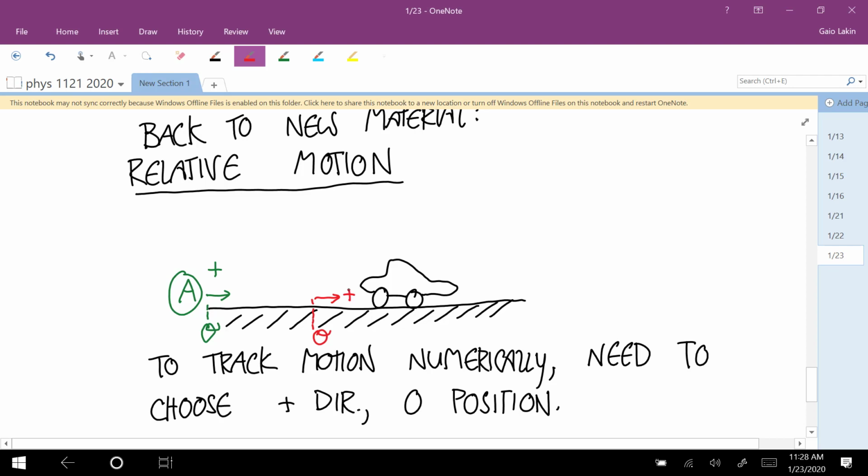Positive direction has to be the same, and I'm going to call that reference frame B. Okay. What we want is a mathematical way to relate what the person at A sees so that the person at B could always calculate what's going to be seen from A.